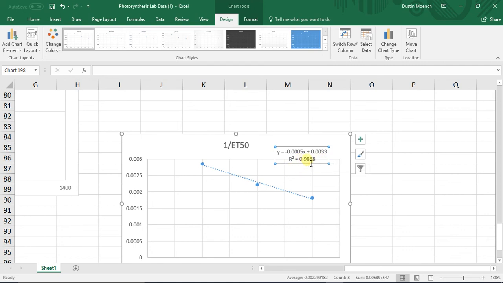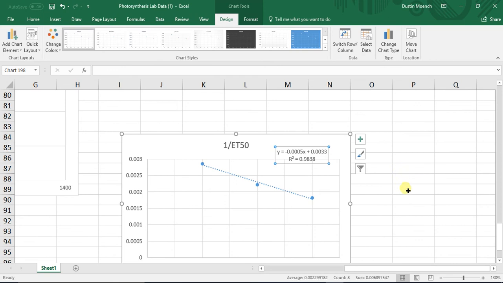And this is 0.98, so it's going to tell us that those two things, the light color and the photosynthetic rate as measured by 1 over ET50, are extremely closely related, an extremely tight relationship. Because our methods were not that accurate, anything over 0.82 for yours, we'll say is a high correlation, all right?